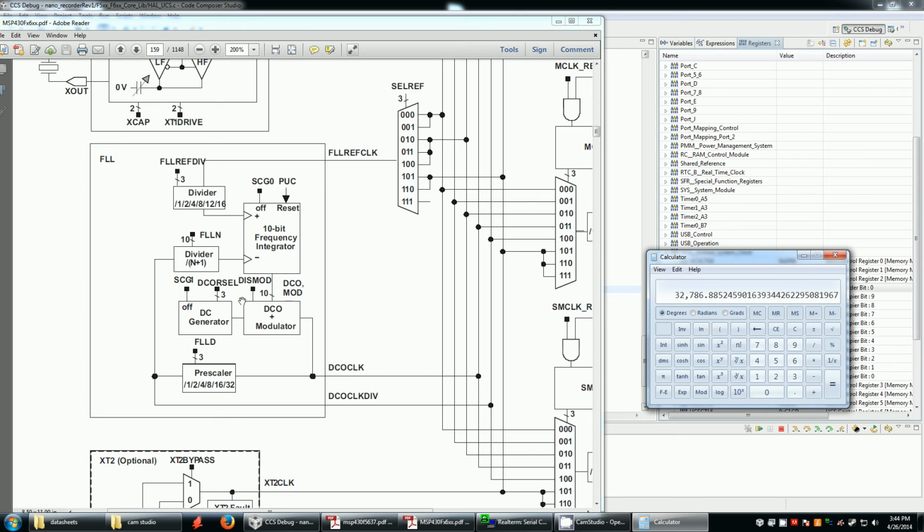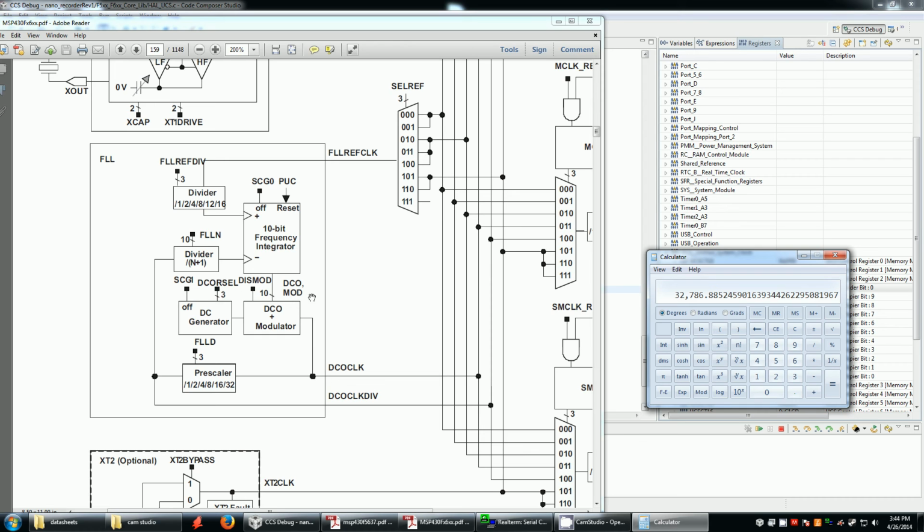And so you need to study the DCO module to understand how that works. But the frequency lock loop part controls the DCO, digitally controlled oscillator, so that it's basically actively monitored through this division network to match a reference clock.